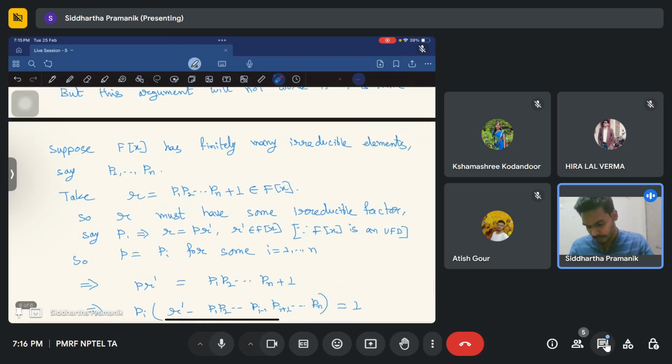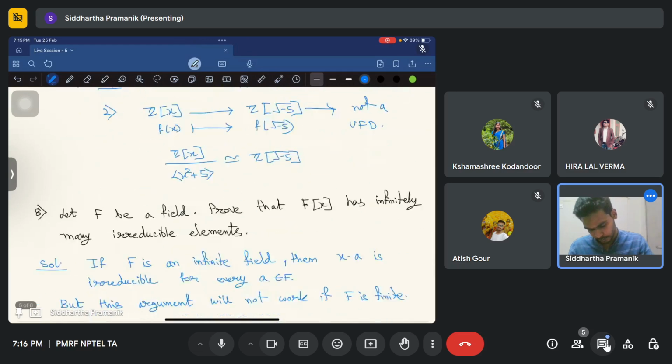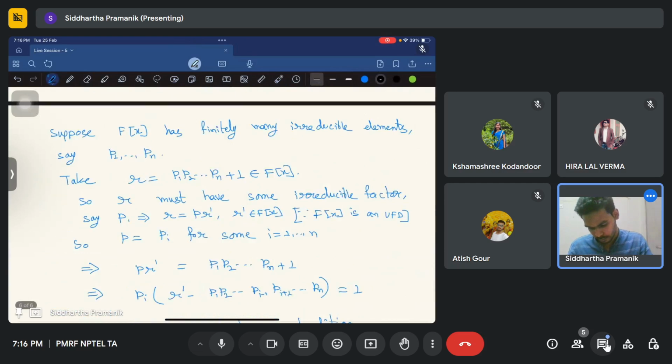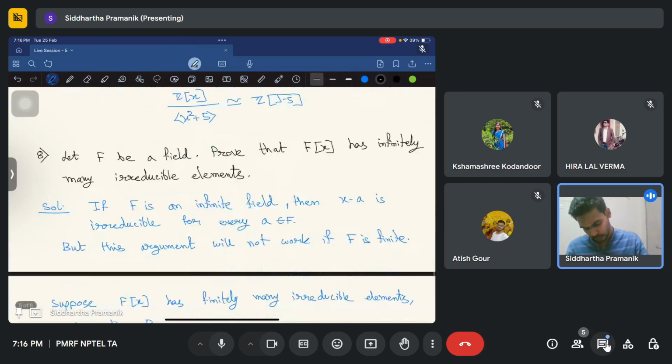So F[x] has infinitely many prime elements. Okay, so this is not part of the proof.